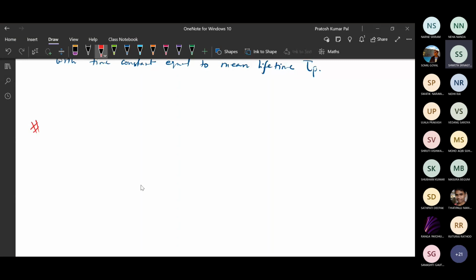In the recombination phase, if we increase the thermal agitation, the electrons from the conduction band will combine with the holes available in the valence band. So in that case there will be a transition of electrons from conduction band to valence band.